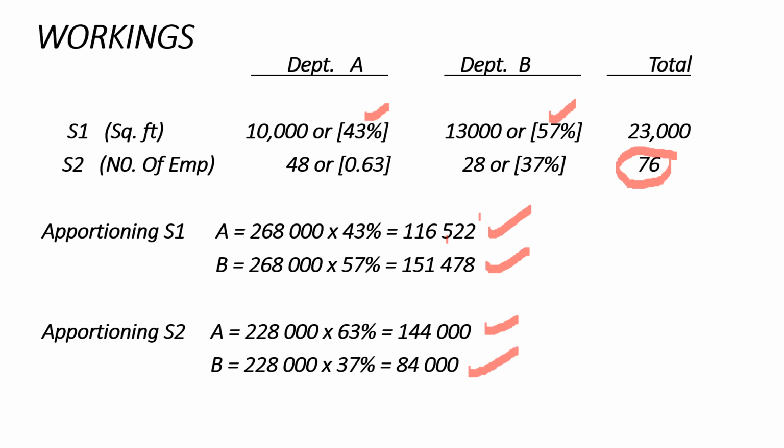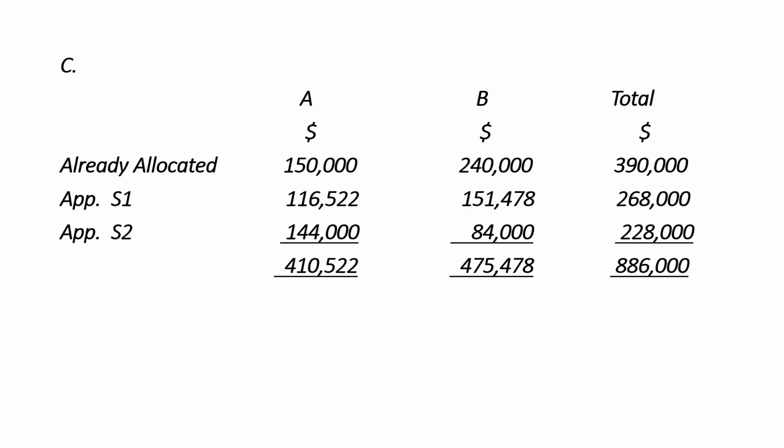Now let's look at how the totals work out. Already allocated is 150,000 and 240,000 to A and B. That's the first line in the table that we are given. And after we apportion S1, we got these figures. You can check it back in the workings on the previous slide.